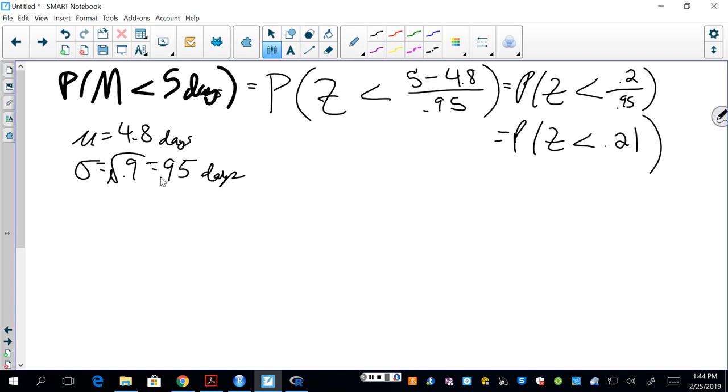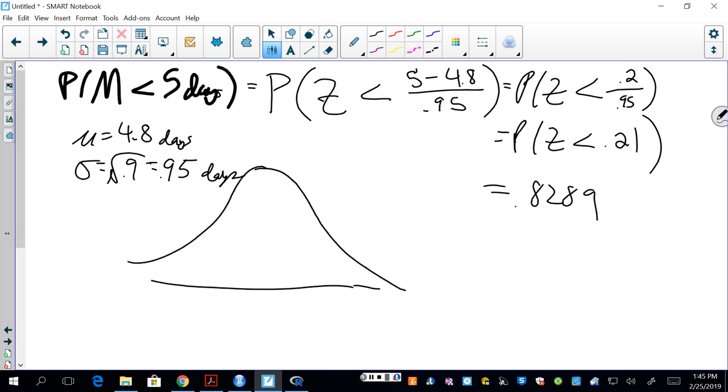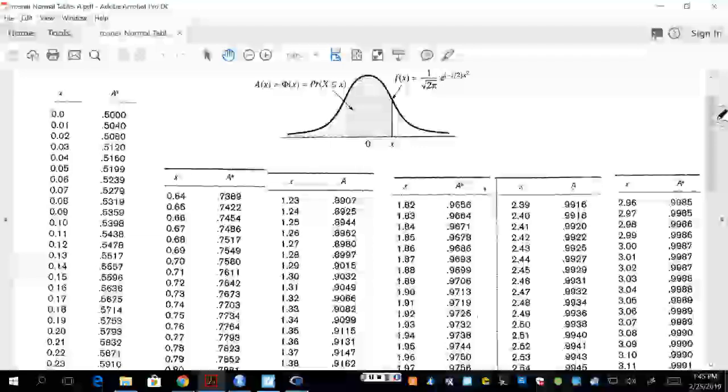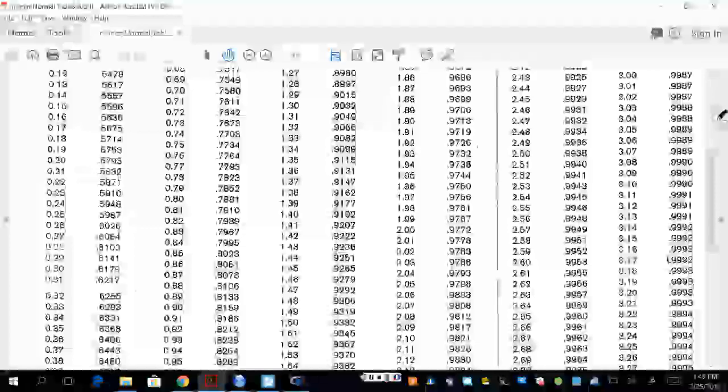Did anybody look that up? What did you get? Bigger than 0.5. 0.8289? Could be, not sure, but we will check. If we look at this 0.2, maybe not quite that big. So 0.21, right?